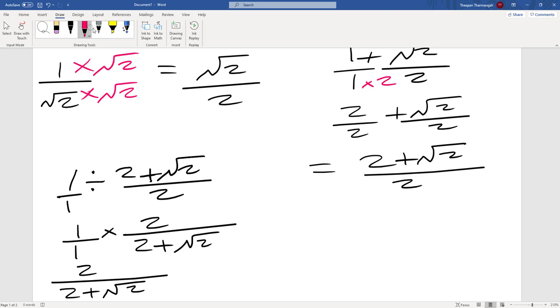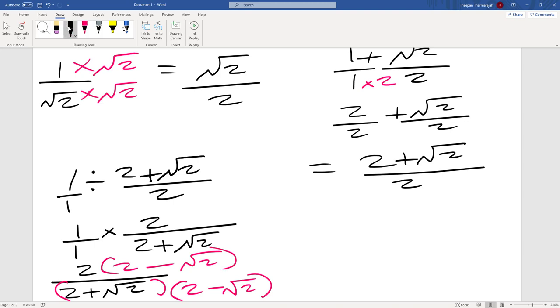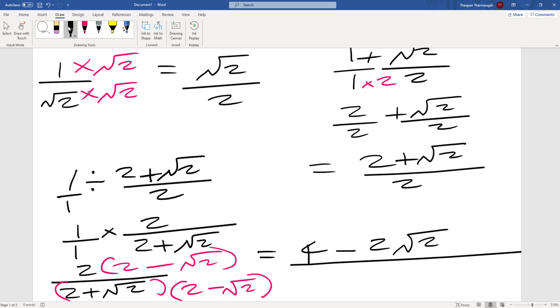Now we need to rationalize this denominator, so we times by the conjugate, which is just changing the sign, 2 minus root 2, and times that by 2 minus root 2. Now that will give me the following: 2 times 2 gives me 4, minus 2 times root 2 is 2 root 2. Now the denominator we need to be careful about here.